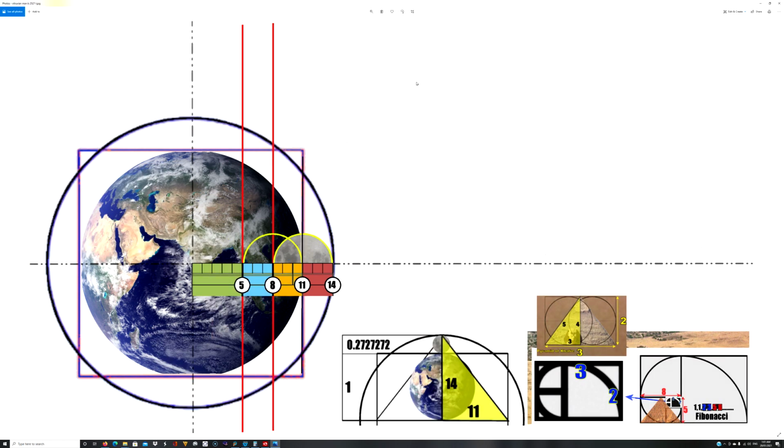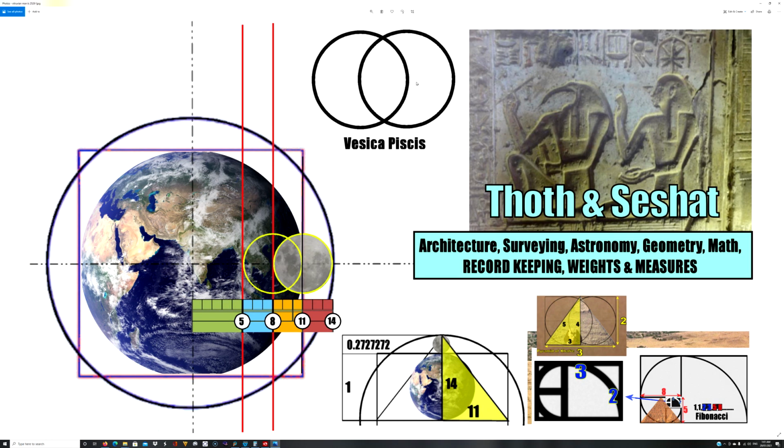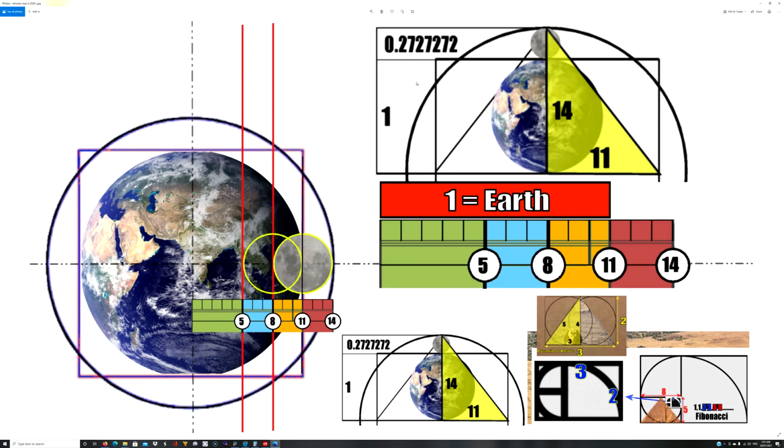Okay, now architecture, astronomy, like the gods of ancient science, let's call it. Now we come back to the Earth. So we already saw in that diagram we get the relative size of the Earth and the Moon, and the Earth diameter would be 11 and the Moon diameter would be 3, 14 minus 11.